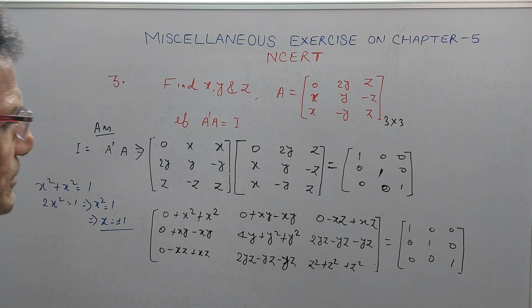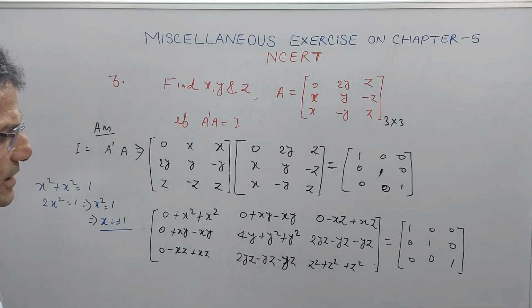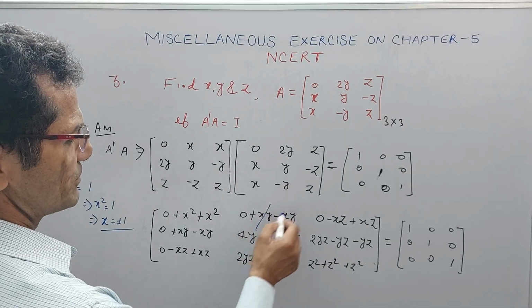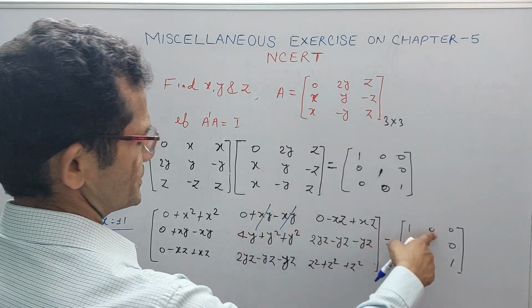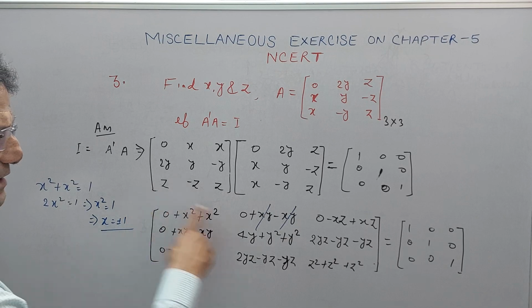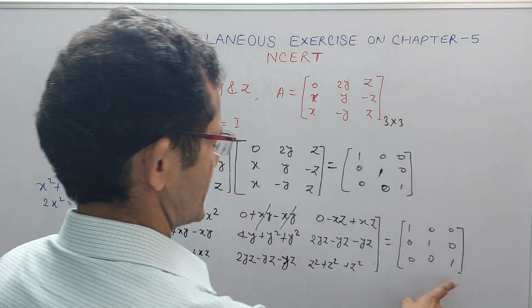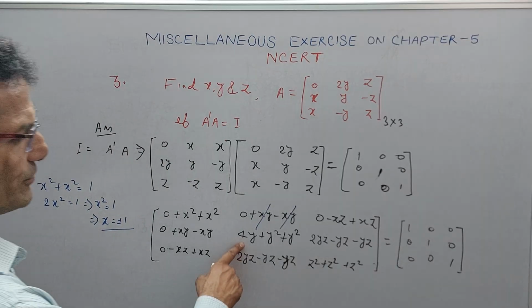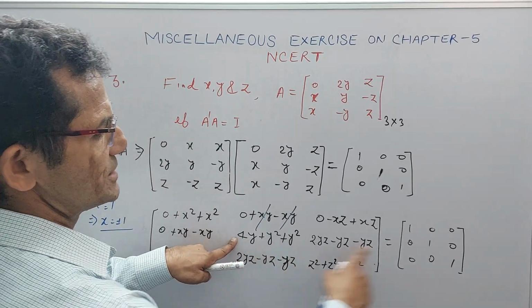So now we need y. Also x, y, this is 0, this is also 0. We need the values of y, so only the diagonal element should be equalized to the right hand side, because other entries are 0. So now here 4y, we have to equalize this into this.